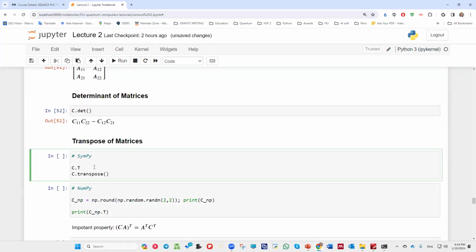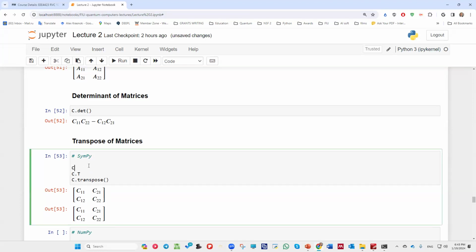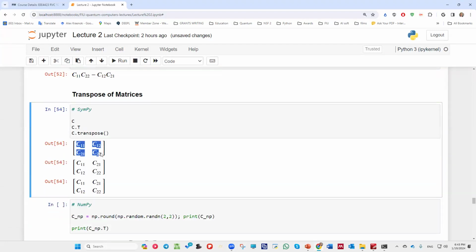Transpose. Transposition of a matrix is simply rotation of the matrix over the main diagonal, right? So for example, if I return this matrix C here, it has C11, C12, C21, C22.